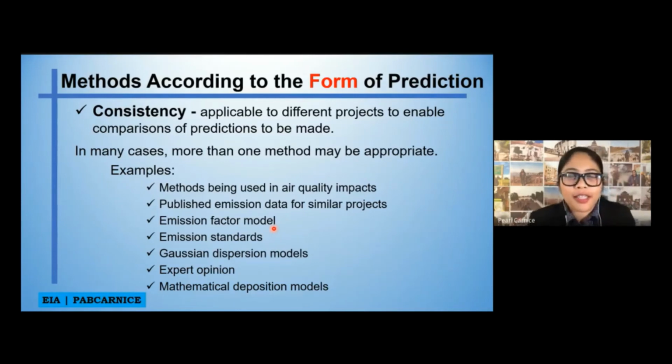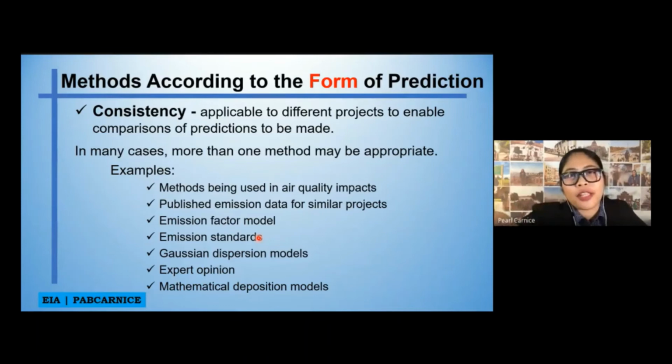So when you did your EIA study and on your baseline information or baseline study, for example, you based your air quality index on the emission standards, then after 5, 7 years, or during the monitoring and audit of your project or study, you also have to use the emission standards.